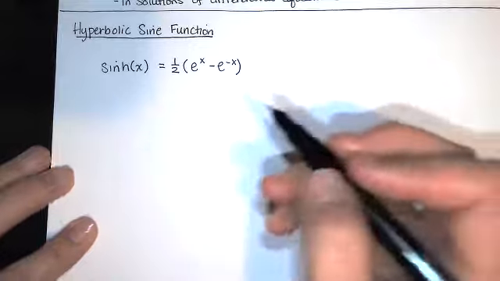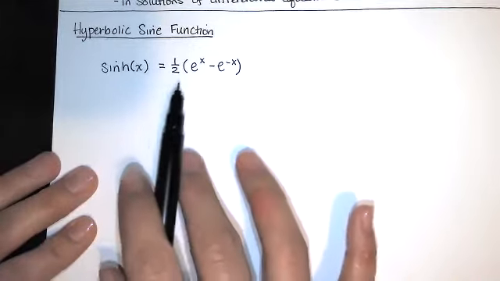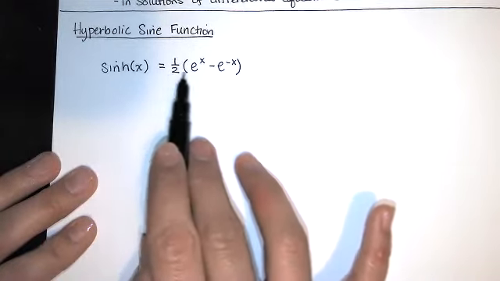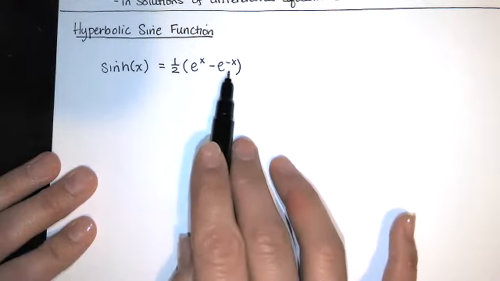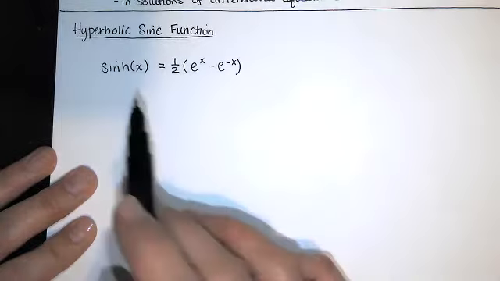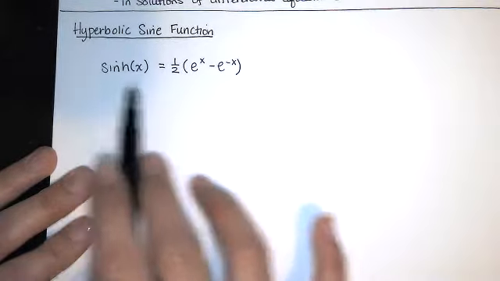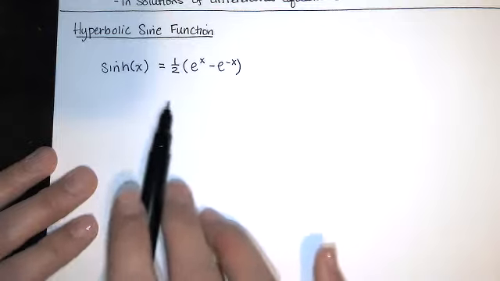If I want to graph this, one way that I can graph it is I can graph y equals 1/2 e to the x and y equals negative 1/2 e to the negative x, and then add those two functions together, and then I'll get the graph of the hyperbolic sine function.